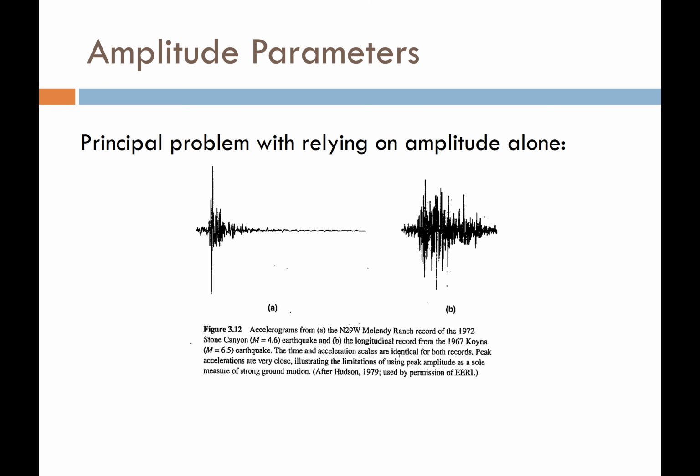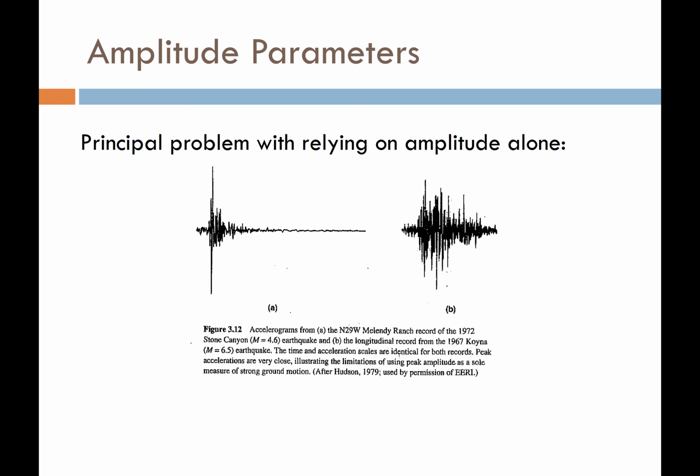And when we look at soil liquefaction, we're generally looking at peak ground acceleration. But there's a problem with amplitude parameters, and these two plots demonstrate it really well. I have here two plots from two different earthquakes plotted on the same scale.